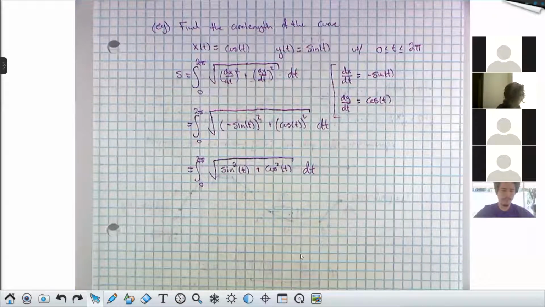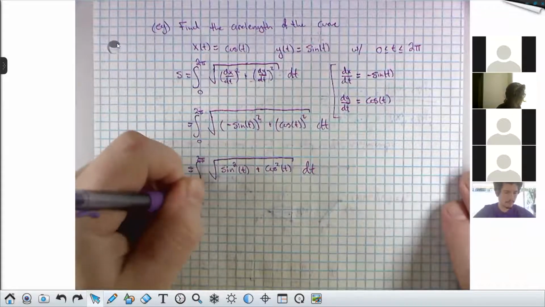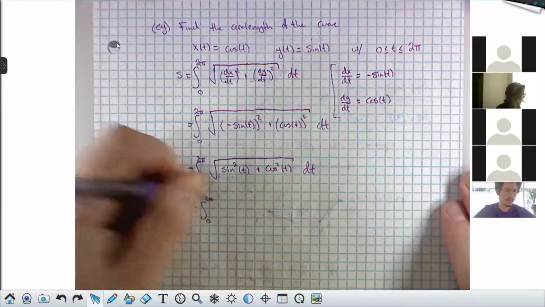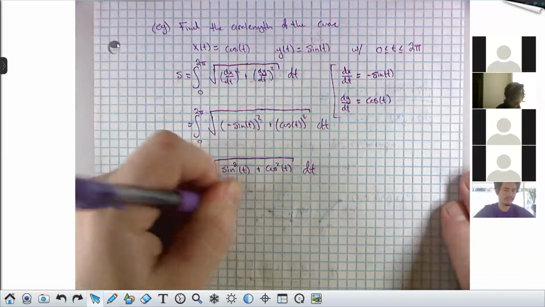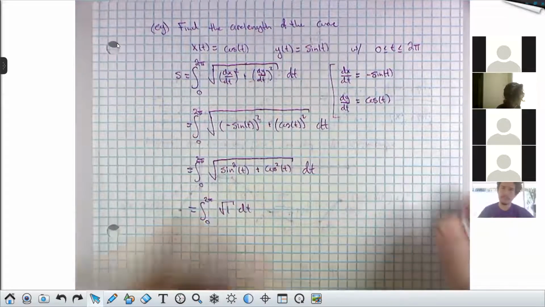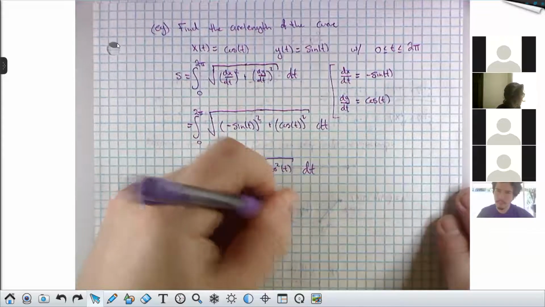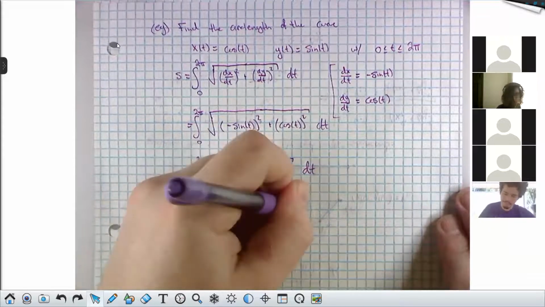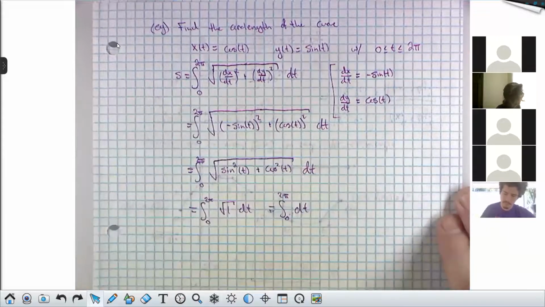Very good, right? By the first Pythagorean identity, that is equal to 1. And the square root of 1 is just 1. So this is the integral from 0 to 2 pi of 1 dt, or just dt.